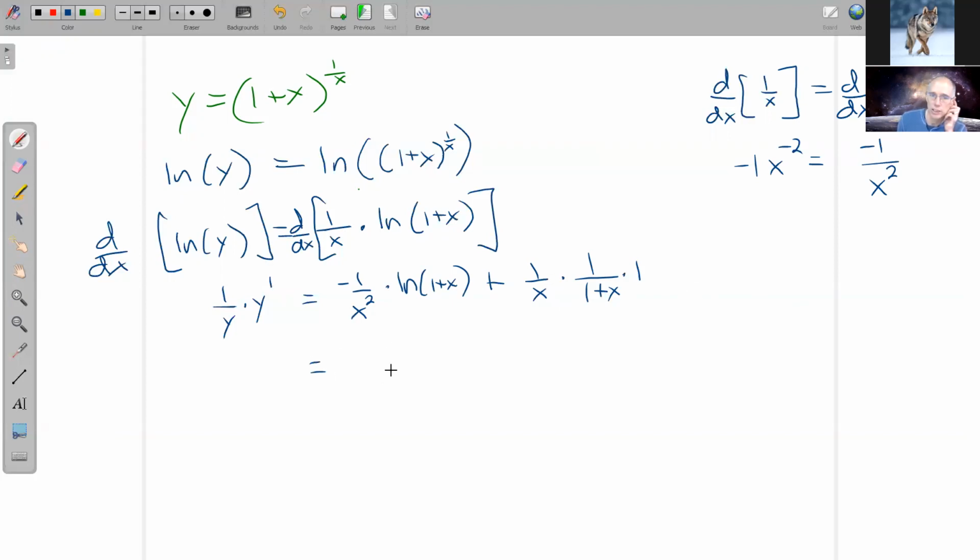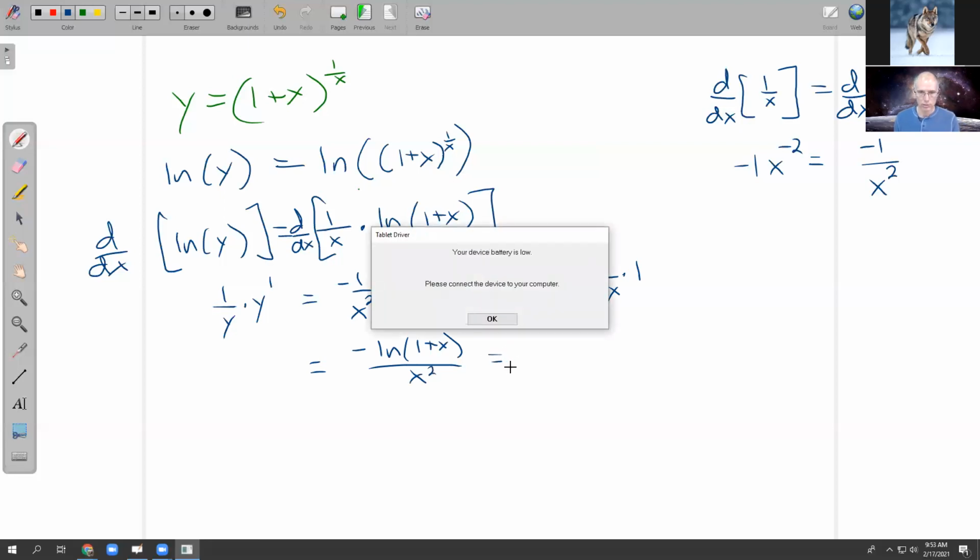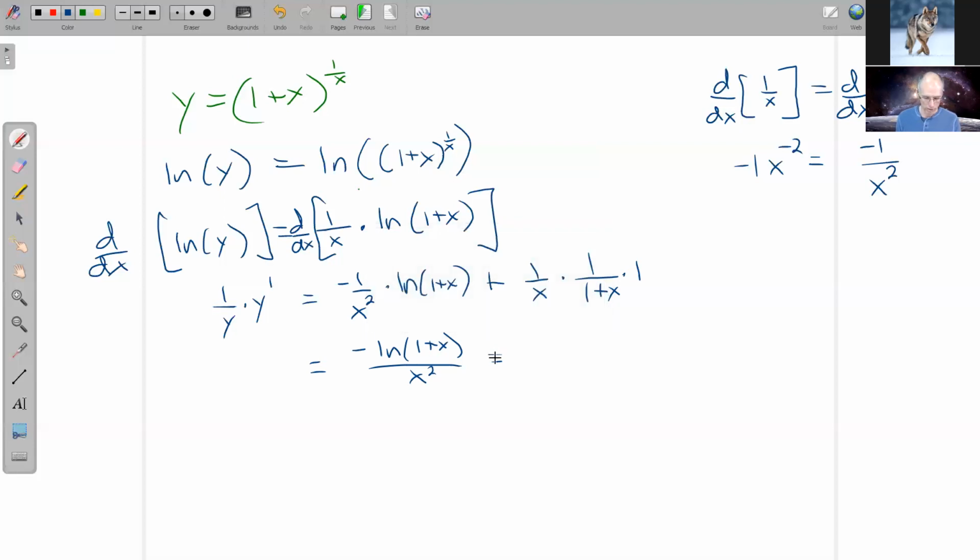So let's see, does that clean up much? I've got a negative natural log of 1 plus x over x squared plus 1 over x times x plus 1, or 1 plus x.